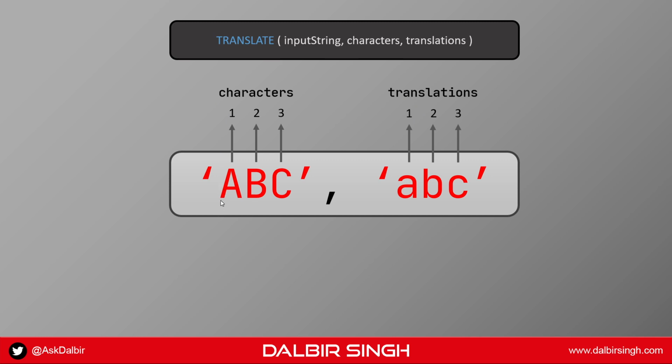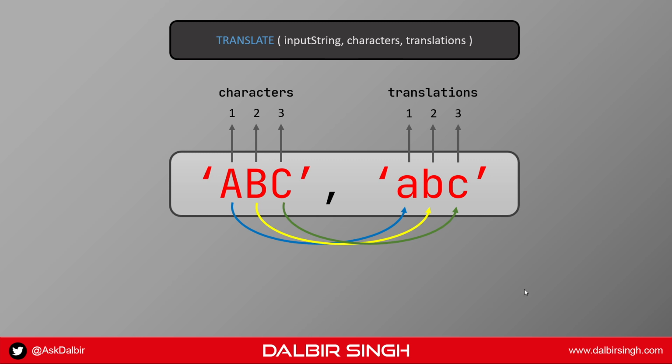So if a capital A was discovered, since it sits at position 1, whichever character is on position 1 in the translations parameter is the character that will substitute for the capital A. The same will happen for capital B: whatever is sitting in position 2 will replace capital B, and then the same for C. Something to be aware of is that because of how this works on indexing, you must make sure that both parameters have an equal amount of characters. If they do not, SQL Server will throw an error.